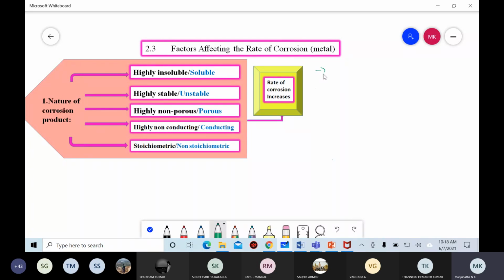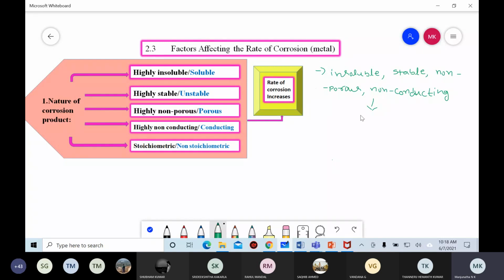In the first case, the oxide layer is insoluble in nature. Second, it is stable in nature. Next, it is non-porous in nature, non-conducting in nature, or non-volatile in nature. Suppose the oxide layer has these characteristics: insoluble, stable, non-porous, non-conducting.